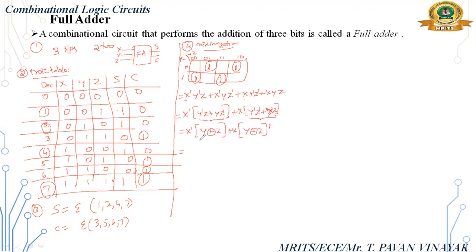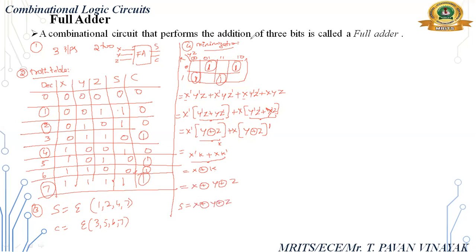Now I am taking this one as k. x bar k plus x k bar means x XOR k. See, again this one looks like an XOR operation. x XOR k means x XOR of y XOR z. So the sum equation is x XOR y XOR z.